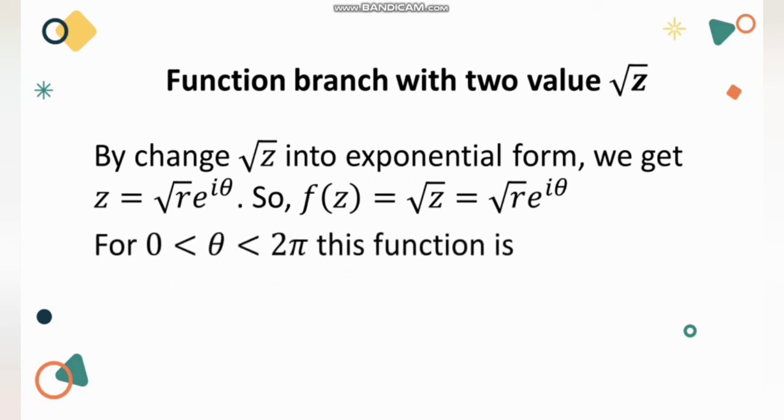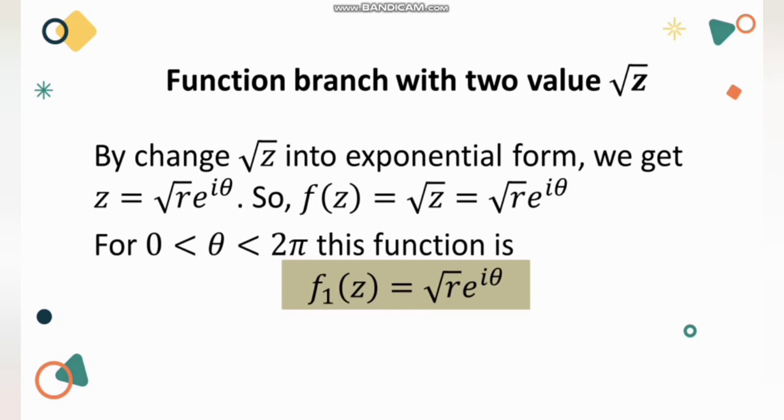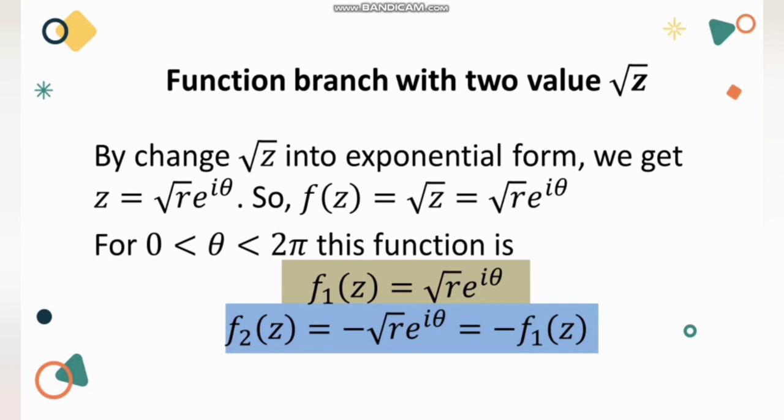For 0 less than theta less than 2π, this function is f1(z) and f2(z). For f1(z), it equals the square root of r e to the power i theta, and f2(z) equals negative square root of r e to the power i theta, and it equals negative f1(z). So here we have two values.